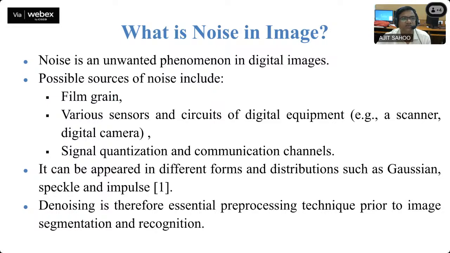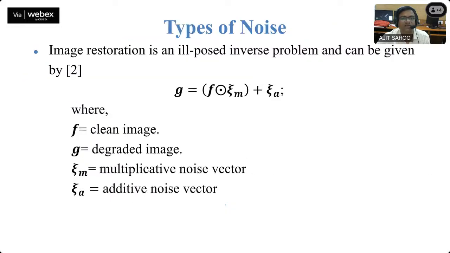Possible sources of noise include various sensors and circuits of digital equipment, signal quantization, and communication channels. These are the various sources of noise. It can appear in different distributions such as Gaussian, speckle, and impulse. Denoising is therefore an essential processing technique prior to image segmentation and recognition.